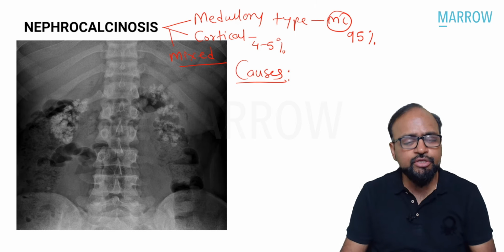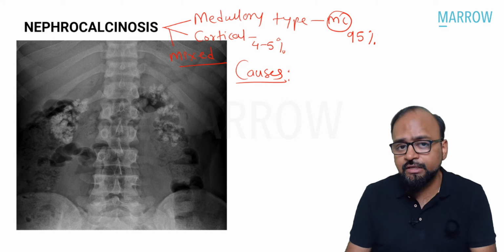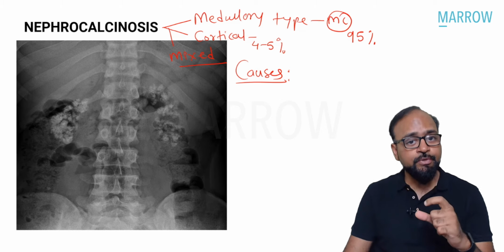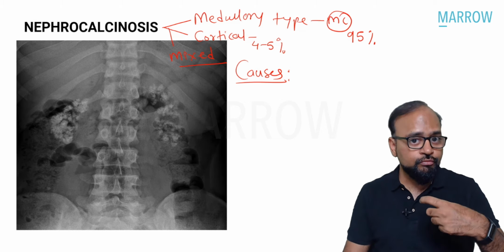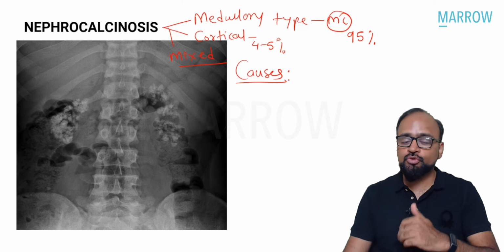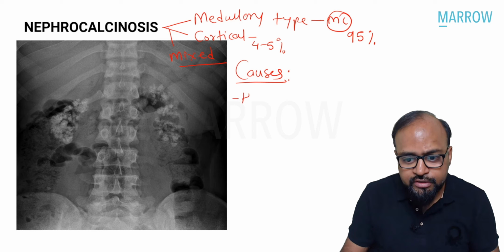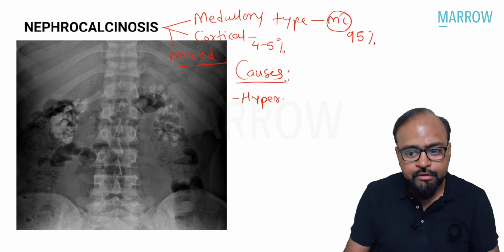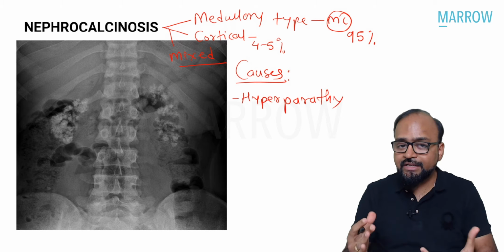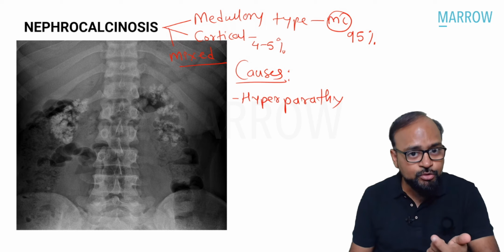A wide range of conditions can cause nephrocalcinosis, and interestingly and surprisingly, those conditions that predispose to the formation of nephrolithiasis, that is stones, also predispose to nephrocalcinosis. One very important condition is hyperparathyroidism, say primary hyperparathyroidism, excess of parathormone being secreted by a tumor, parathyroid adenoma.